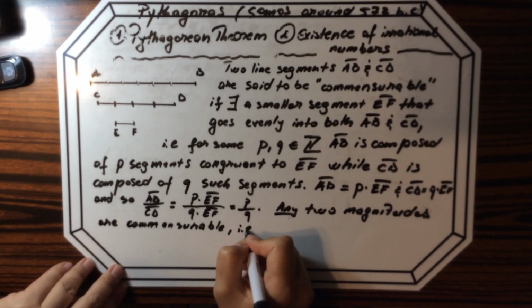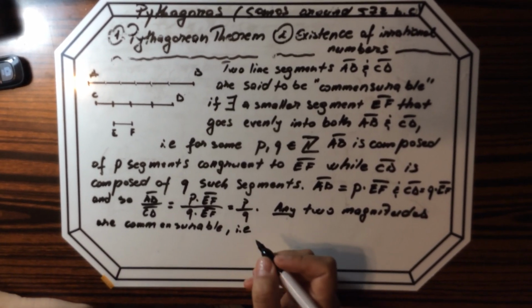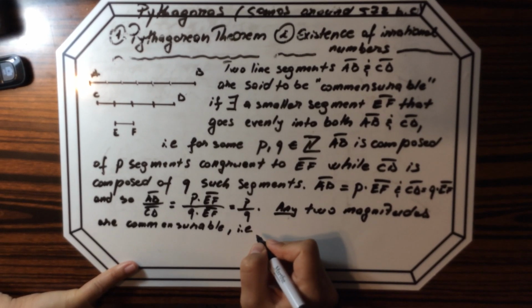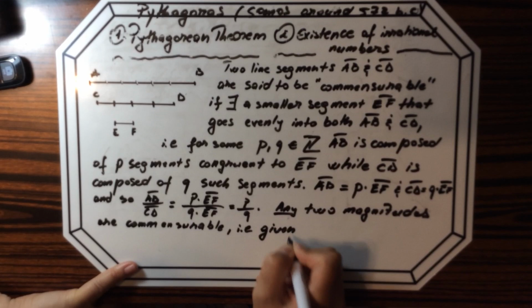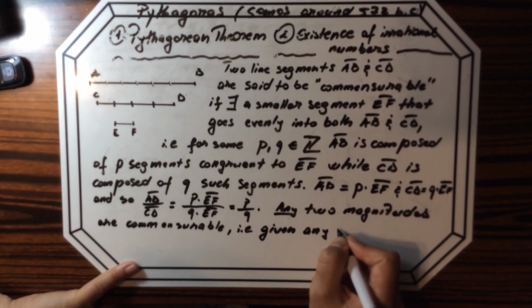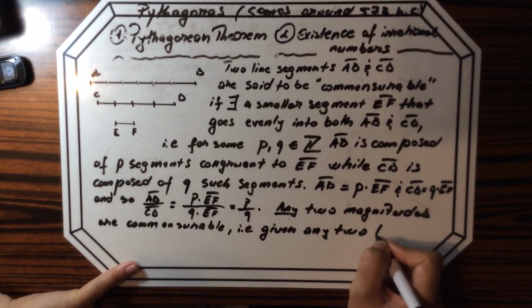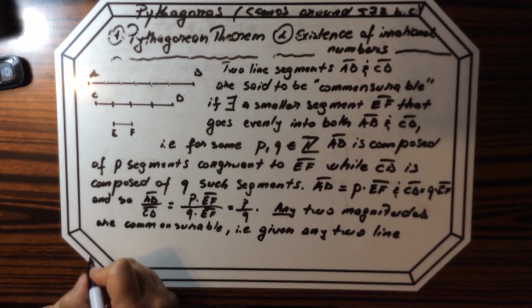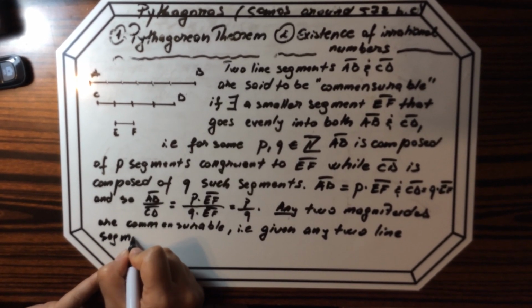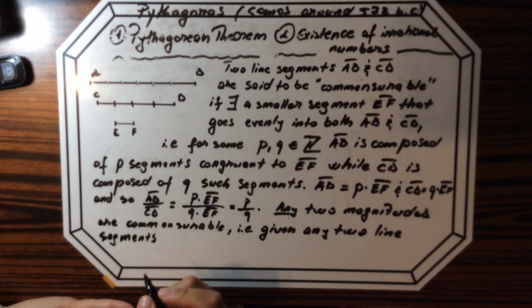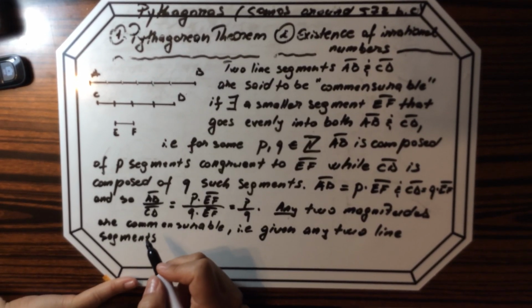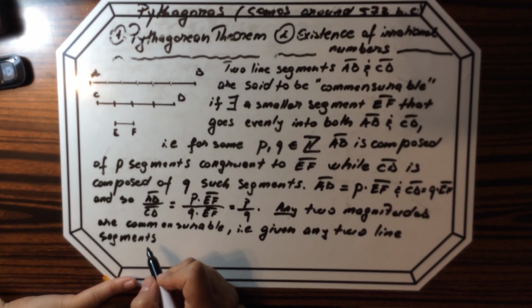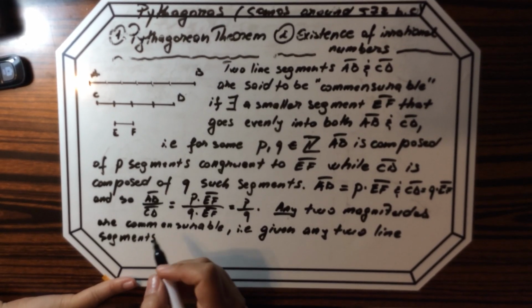In other words, given any two line segments, they did not doubt the existence of another segment EF dividing evenly into both AB and CD.